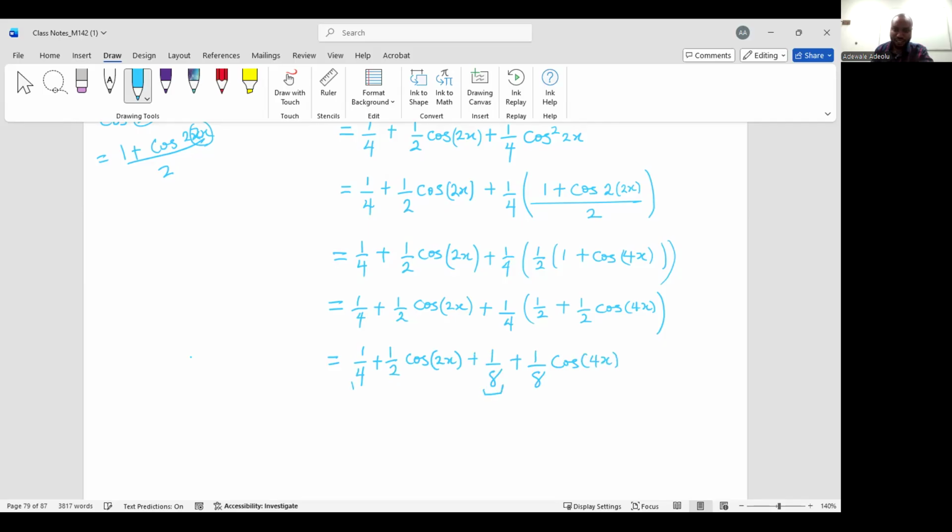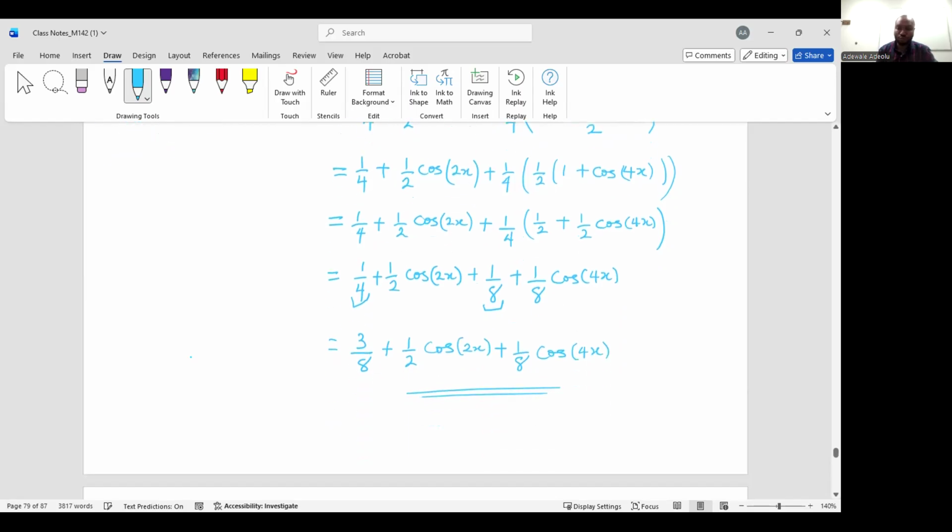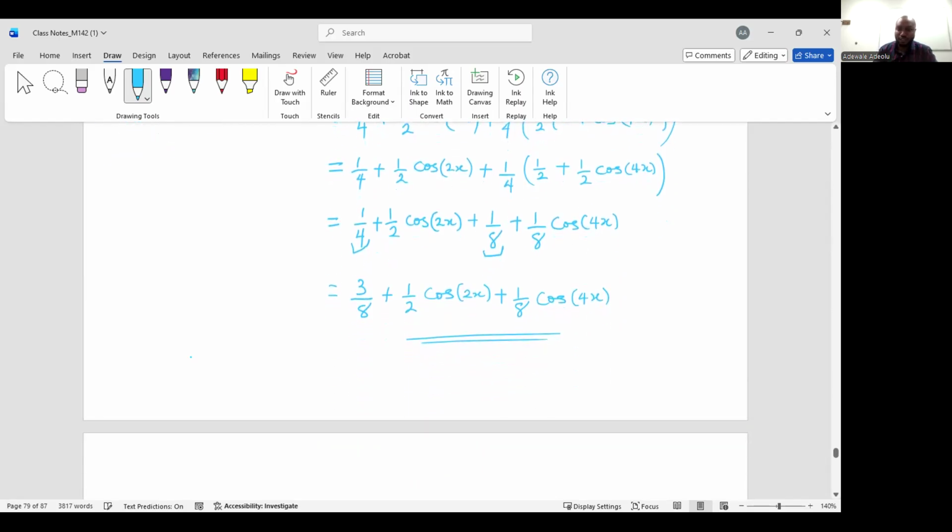Well, maybe I can add this and this. So that should give me 3/8 plus 1/2 cosine of 2x plus 1/8 cosine of 4x. So guys, that is where I'm going to stop, because the power of cosine here is 1. The power of cosine here is 1.